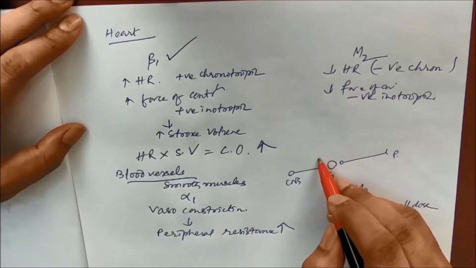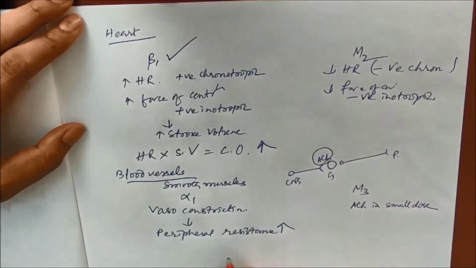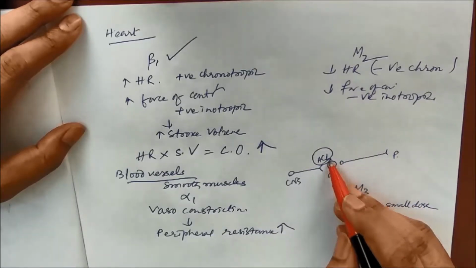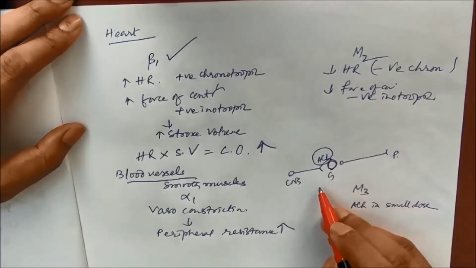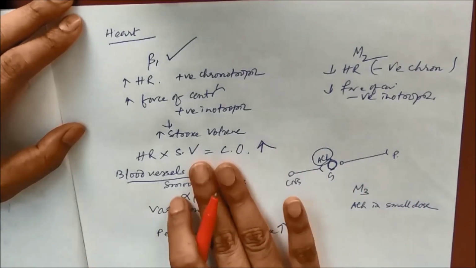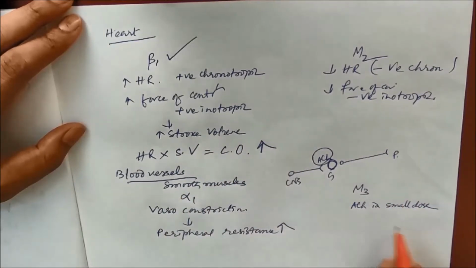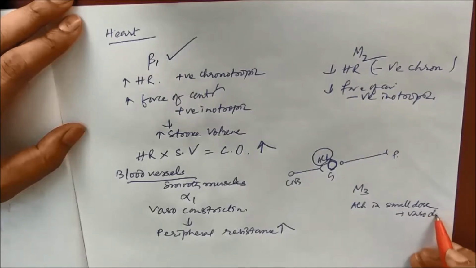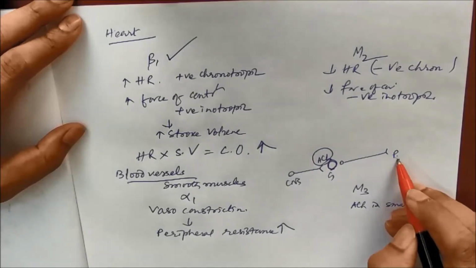So in the ganglia, acetylcholine is the main neurotransmitter. If we give a large dose of acetylcholine, then this ganglion will be stimulated, and since this is a sympathetic dominant action, there will be vasoconstriction. In small dose, it causes vasodilatation because of this postganglionic action.